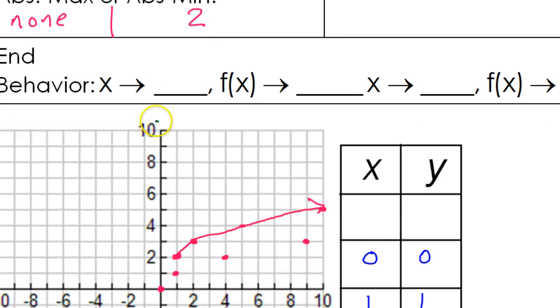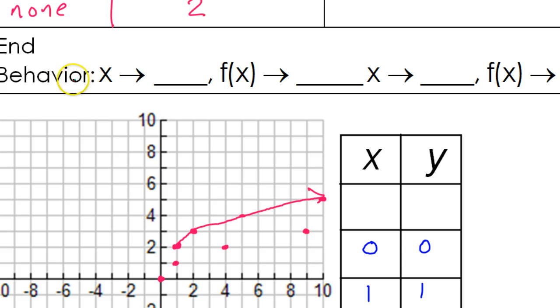What about the end behavior? Okay, as x approaches negative infinity, meaning as we go to the left, what happens to the y values? Well, the y values get closer and closer to this end point, which is at 2. So f of x approaches 2.